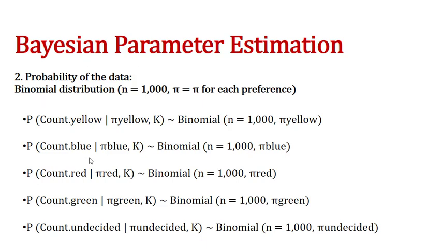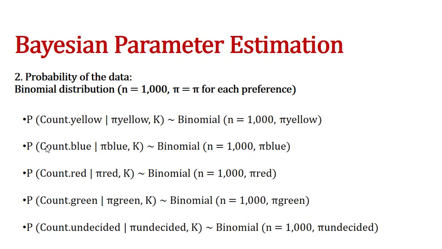And we do the same for all the 5 categories. So let's say, for example, that we consider the pi blue in the population is 0.3. So 30% of people support blue in the population. Okay, but in our sample of 1000, how many blue do we expect?